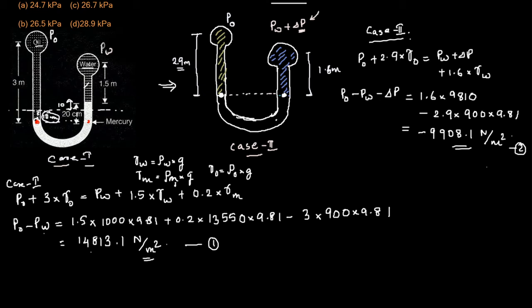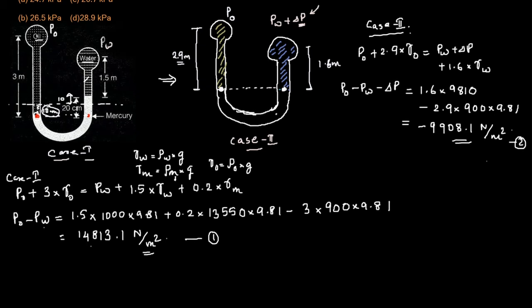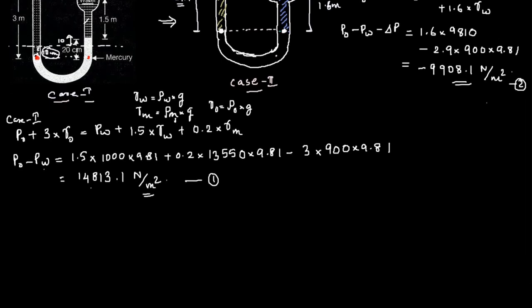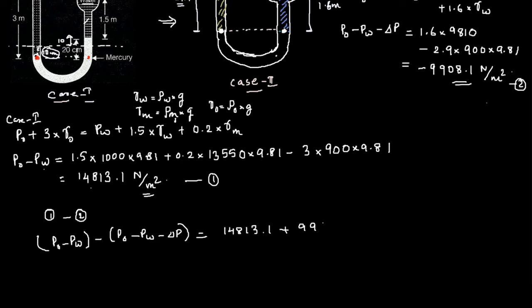When we do equation 1 minus equation 2, P0 minus PW will be cancelled out and we will be getting delta P. On the right-hand side, P0 minus PW minus delta P is equal to 14813.1 plus, it will be minus of minus, so plus 9908.1 Newton per meter square. This will be cancelled out and minus and minus will be plus.